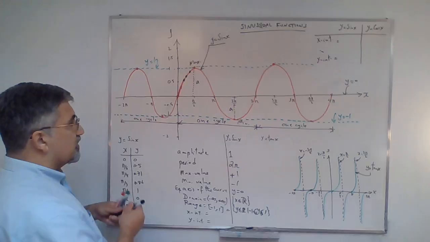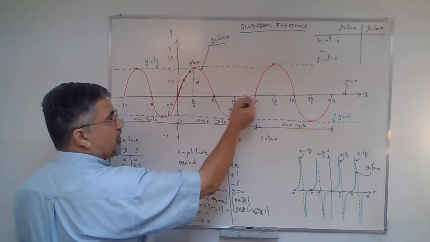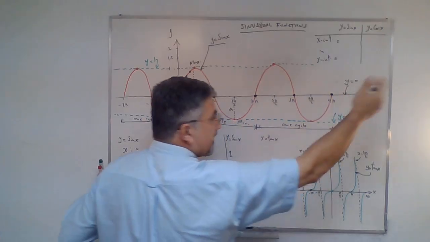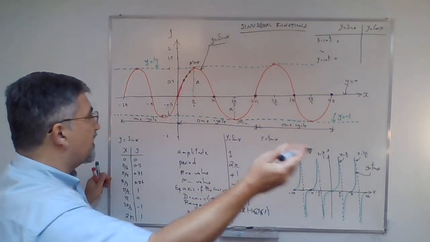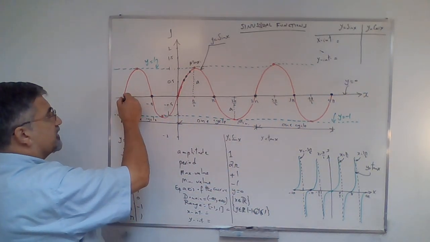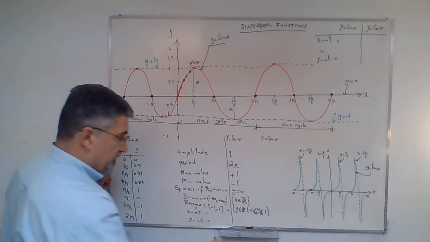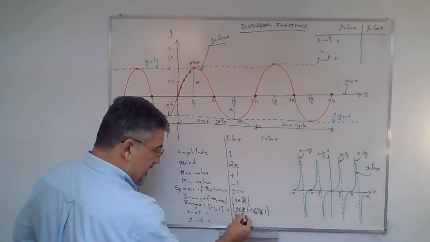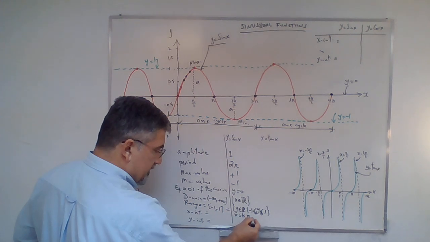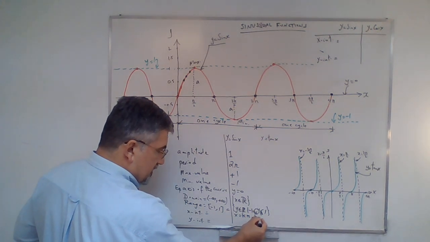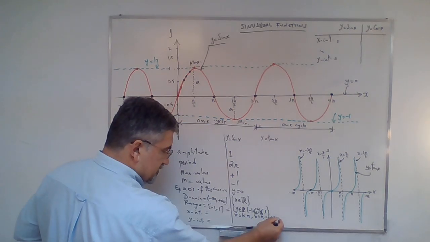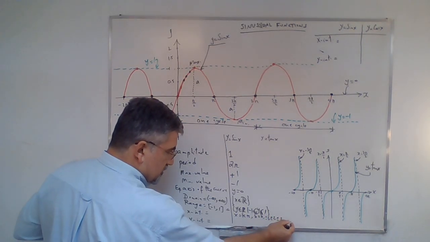And the x-intercept, well, it happens at 1 pi, and then 2 pi, 3 pi, 4 pi, 5 pi, 6 pi, 10 million pi, and here negative 1 pi, negative 2 pi. So generally speaking, the x-intercept is actually at k pi, all right? And k is just an integer: 0, plus or minus 1, plus or minus 2, plus or minus 3, dot dot dot.